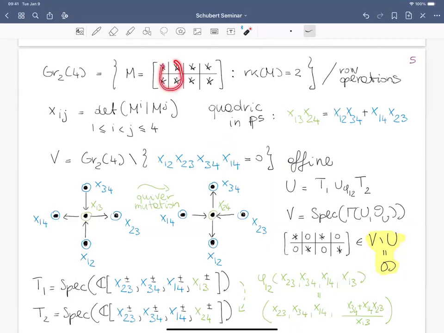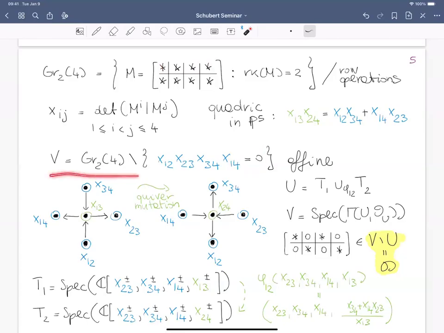So the first two columns, the second and third column, the third and fourth column, and I want to consider indices in a cyclic order. So the first and fourth column will also be considered as cyclic Plücker coordinates. So this hypersurface is a bit special because it's anti-canonical, and it's an ample divisor, and if you remove it, you get a scheme that is affine.